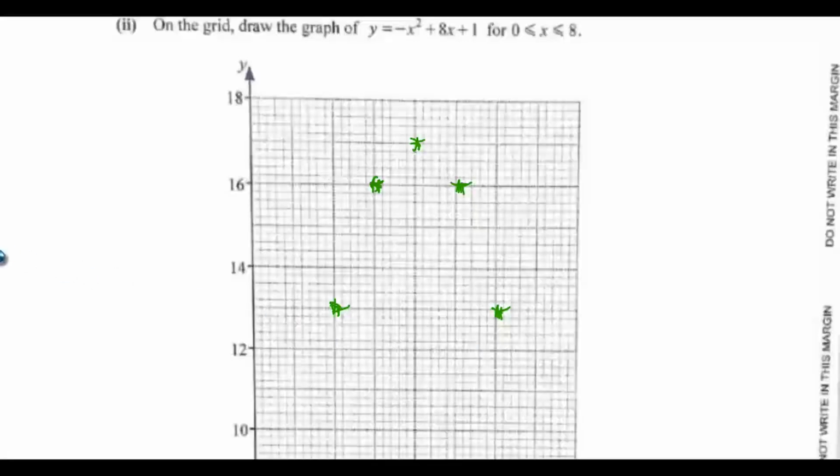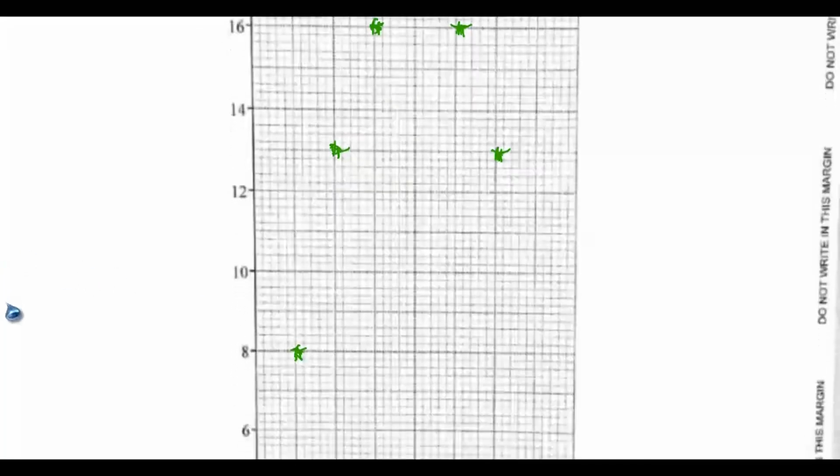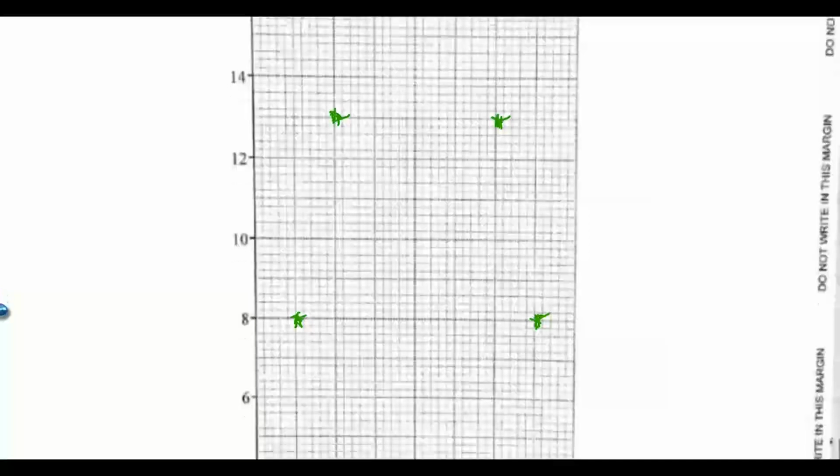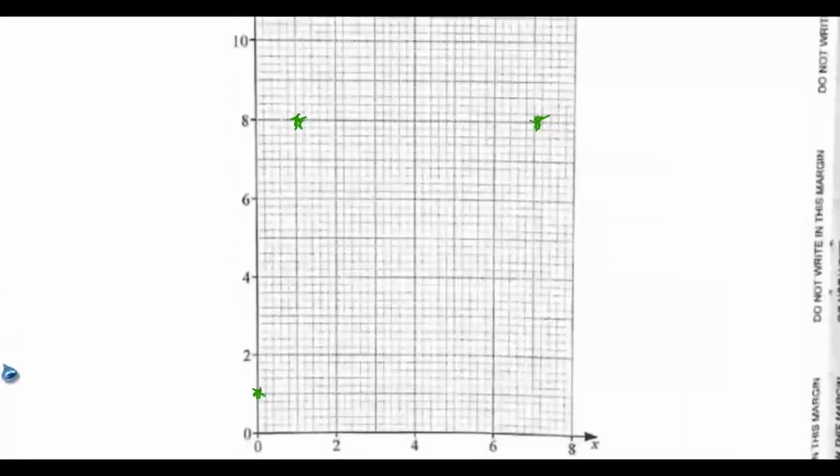We need to scroll down a little bit. 7 against 8, so this is x equals 7, then against 8 is this. And the last one, when x equals 8, y equals 1.